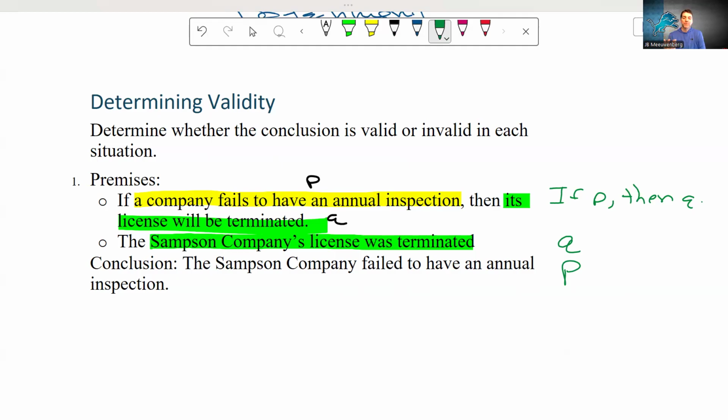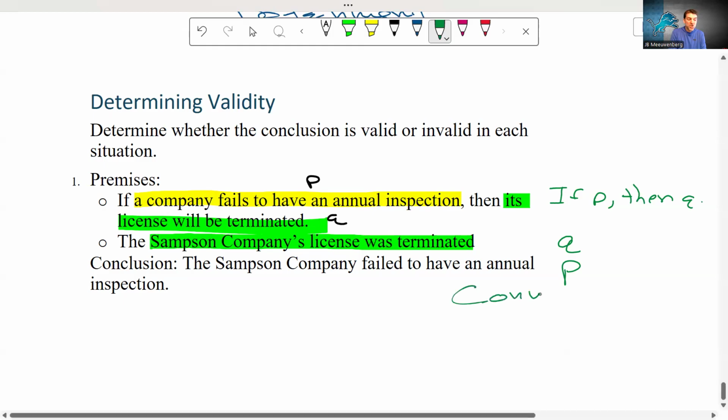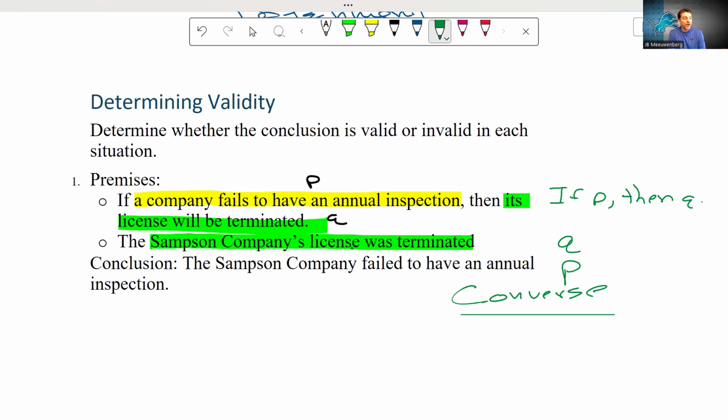Remember, the converse was if Q, then P. Was a converse statement always true? No, it is not always true. Just because their license was terminated does not mean that they failed to have an annual inspection. They could have, but they might have had their license terminated for many other reasons.